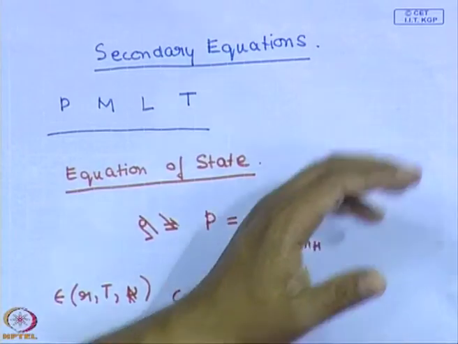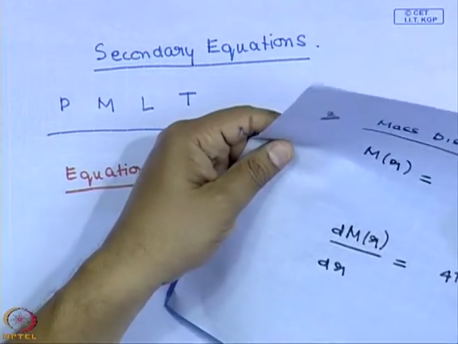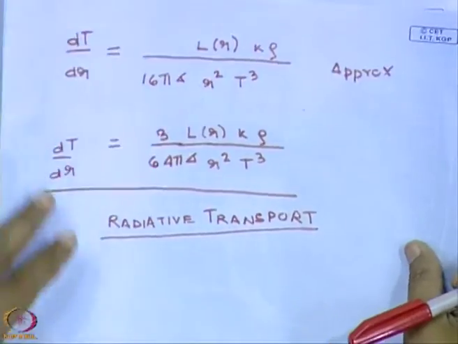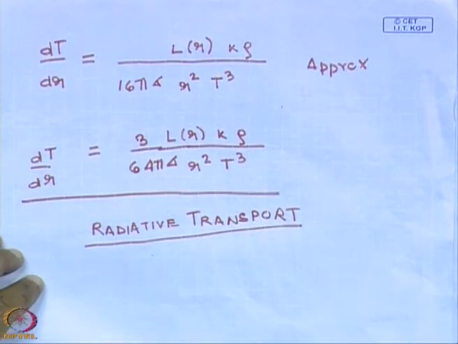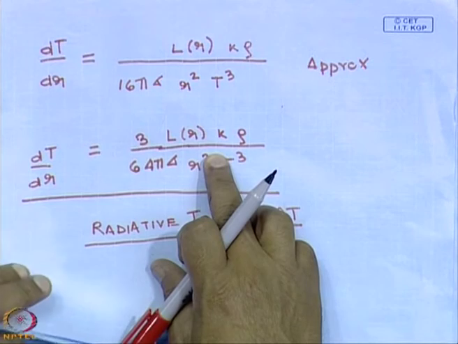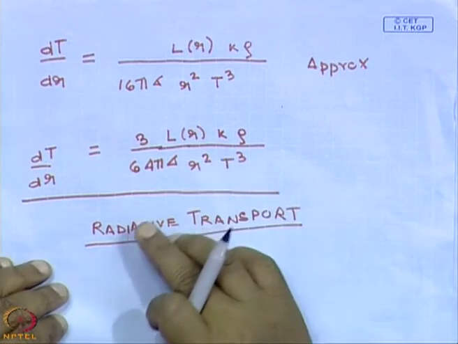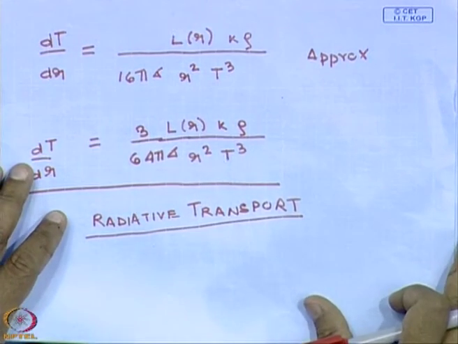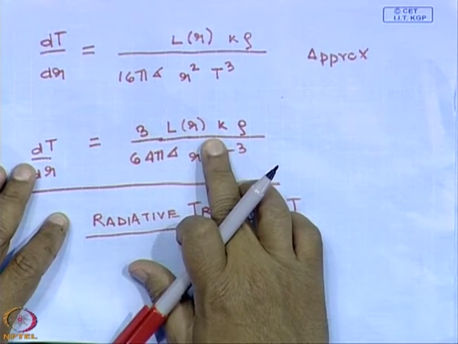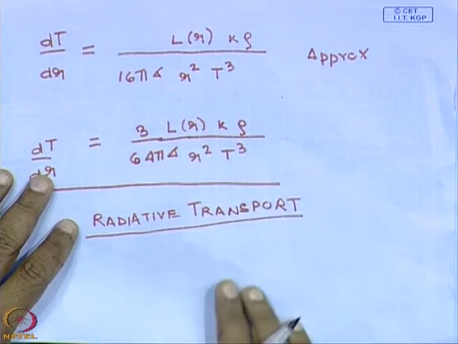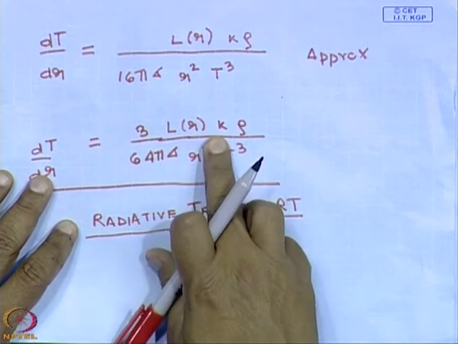Okay. Let us look at the next equation. The next equation is the temperature gradient. So, if you have radiative transport, then you also need to know the opacity, that is the absorption, how much radiation, what is the absorption cross section, or the absorption coefficient per unit mass, that is the opacity, kappa.